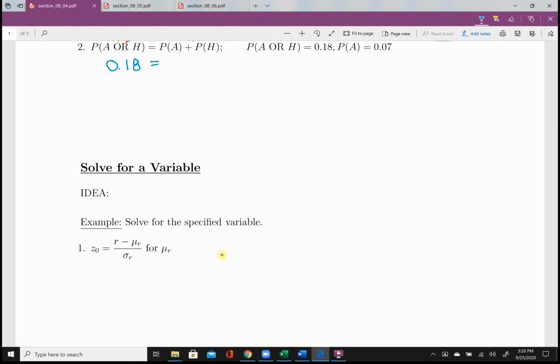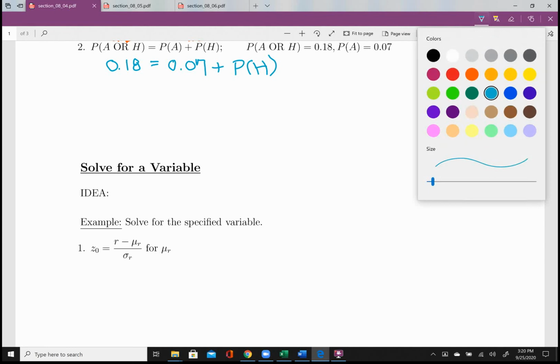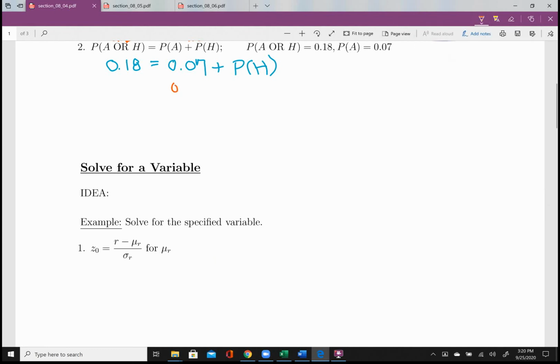P of A, does that have a value over here? It has a value of 0.07, so I'll replace it there, plus P of H. Since no value is given for P of H, it's the last one standing, so that's the value we're going to be solving for. And what do we need to do in order to solve for it? Simply, we should subtract 0.07 from both sides.